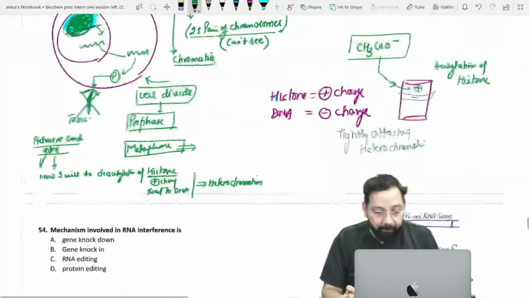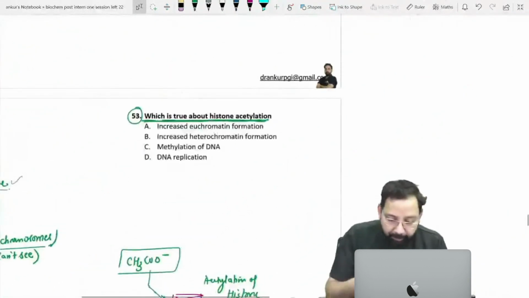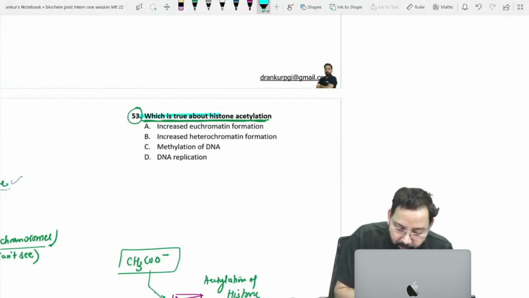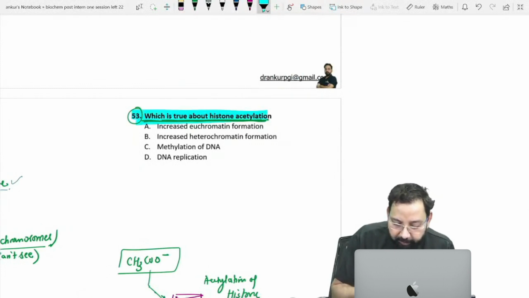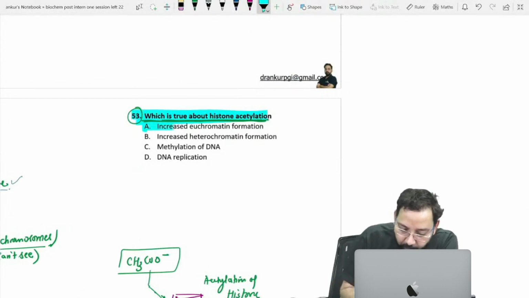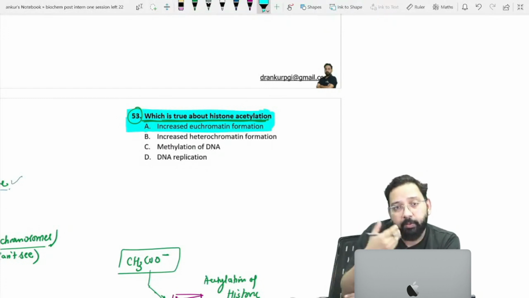Heterochromatin. Clear? Very good. So which is true about histone acetylation? The answer is increased euchromatin formation. Acetylation of histone increases euchromatin formation, and deacetylation of histone increases heterochromatin.